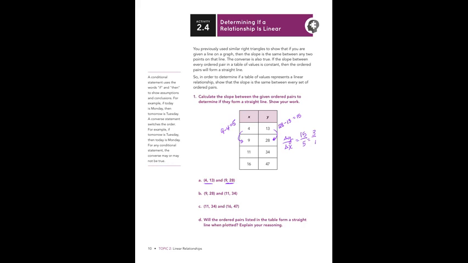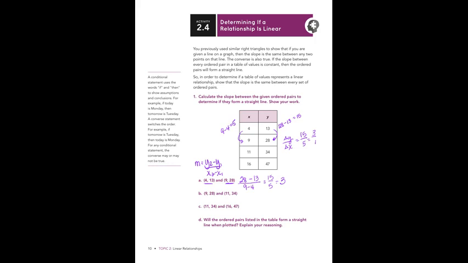If you don't want to do it this way in the table, you can take the points and make a list, and use our slope formula, basically y2 minus y1 over x2 minus x1. So I'm going to start and say 28 minus 13 over 9 minus 4, which gives me 15 over 5, which is 3, or 3 over 1, whichever way you want to look at it.